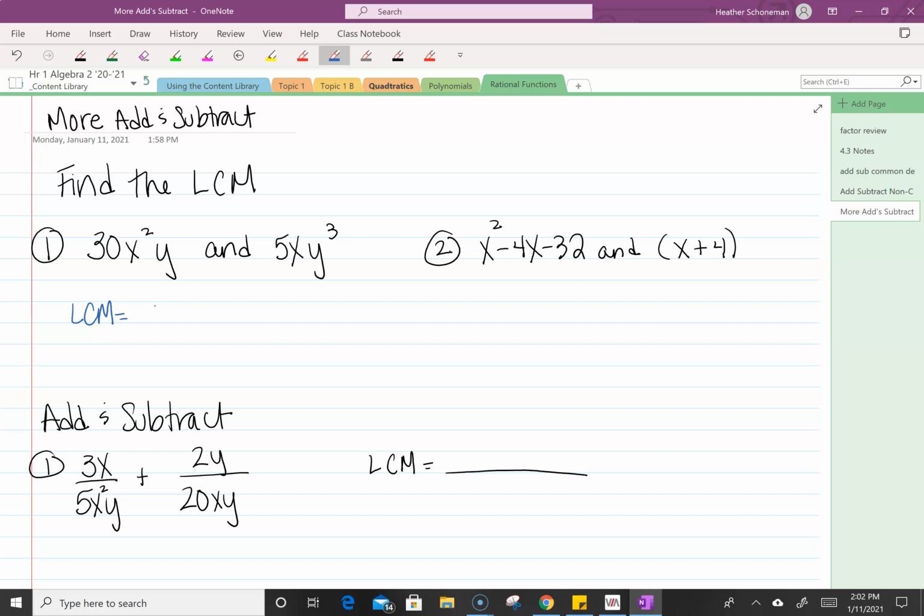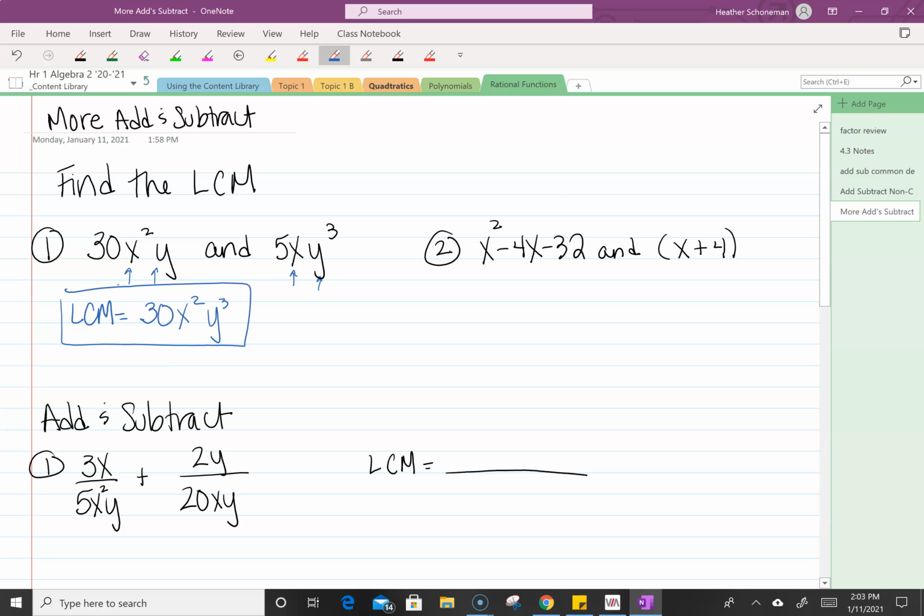So the least common one they have in common is 30. Now with the x's, they both have x's, so we definitely need an x. This one over here has 2, this one has 1, 2 is the most, so I'm going to take 2. They both have y, so we definitely need to have a y. This one has 1, this has 3, so the most is 3, so we have y cubed.